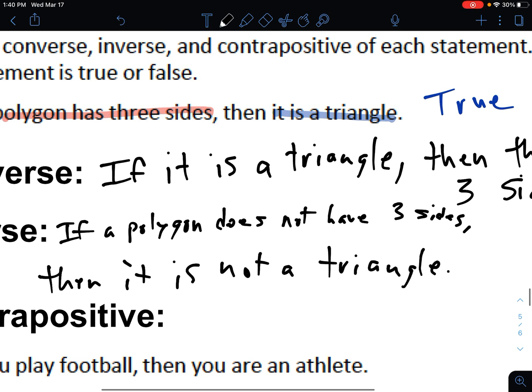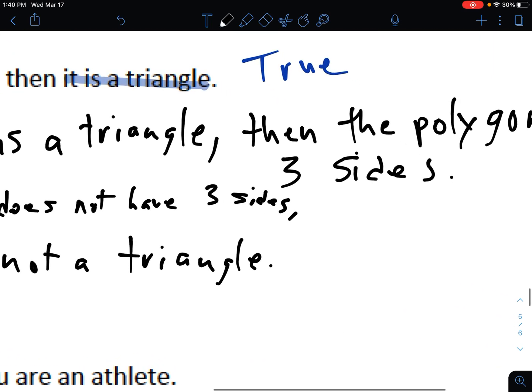You've got to find a way to make it not what it is. Is that a true statement? If a polygon does not have 3 sides, can it be a triangle? No, it can't be. So that's true. If it does not have 3 sides, then it is not a triangle. That's also a true statement.